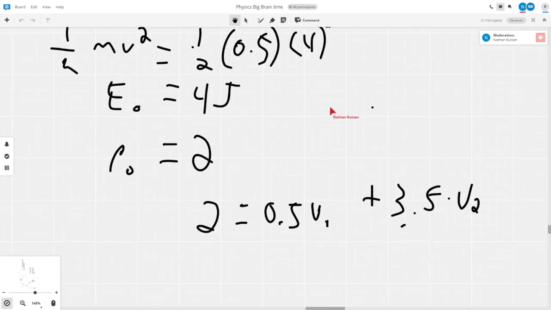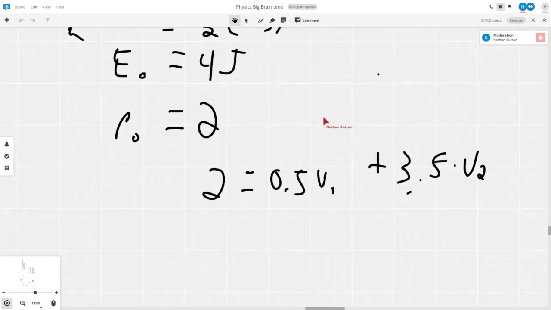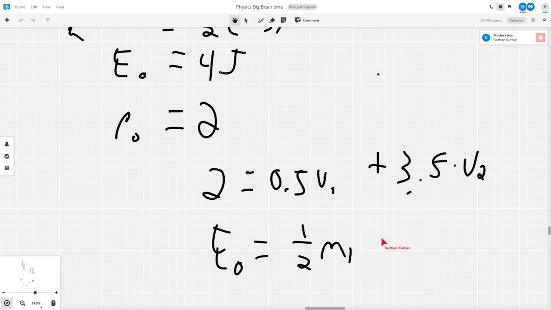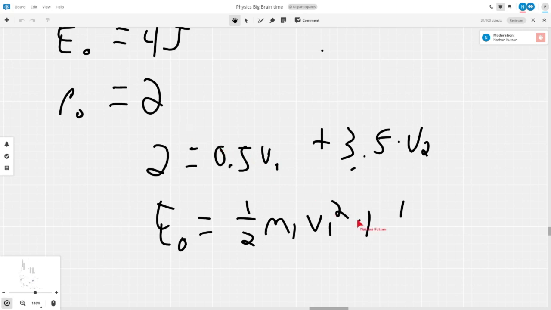And so the second part of this is that we can say the initial kinetic energy is equal to 1/2 the first mass times its final velocity squared plus 1/2 the second mass times v2 squared. So this is basically saying that the initial energy is equal to the final energy of both of them.